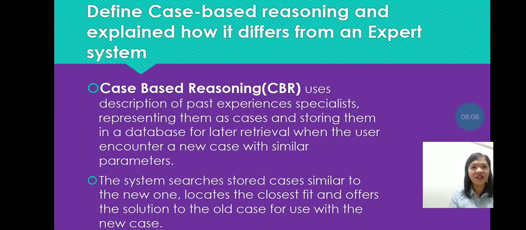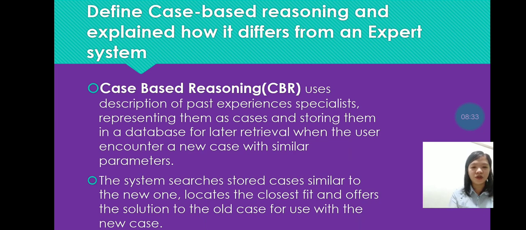Next is define case-based reasoning and explain how it differs from an expert system. Case-based reasoning, or CBR, uses descriptions of past experiences of human specialists, representing them as cases and storing them in a database for later retrieval when the user encounters a new case with similar parameters.